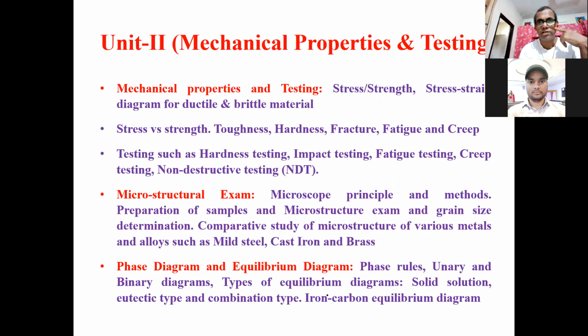So we have understood the stress-strain diagram for ductile and brittle material. Tomorrow in my next lecture, I will go to some part of the testing, toughness, hardness, this and that. So this will be completed in the next lecture, and in the further next lecture I will explain this one.